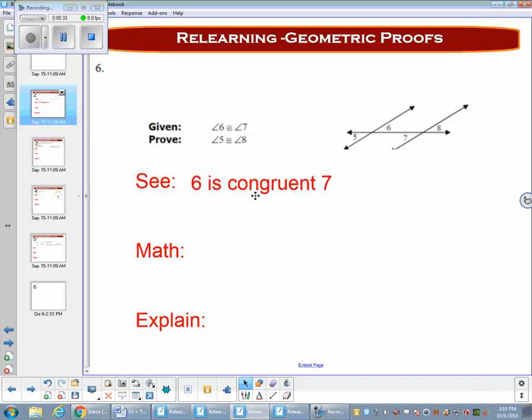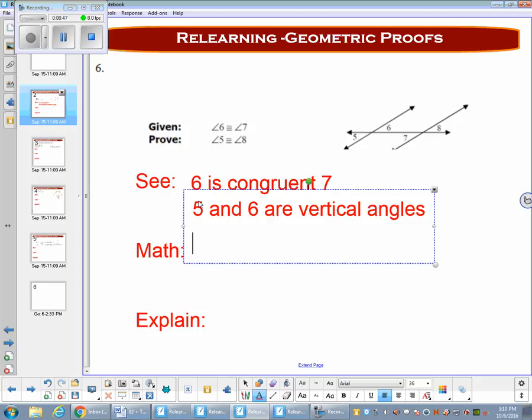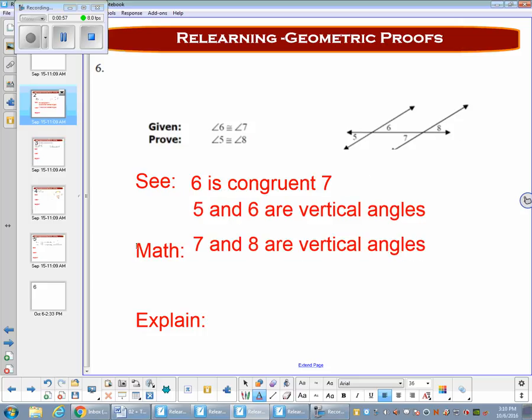That's something I can see. That's the only thing we're given. We could also see that 5 and 6 are vertical angles. I could see that 7 and 8 are vertical angles. And that's just what I can see by looking at this.